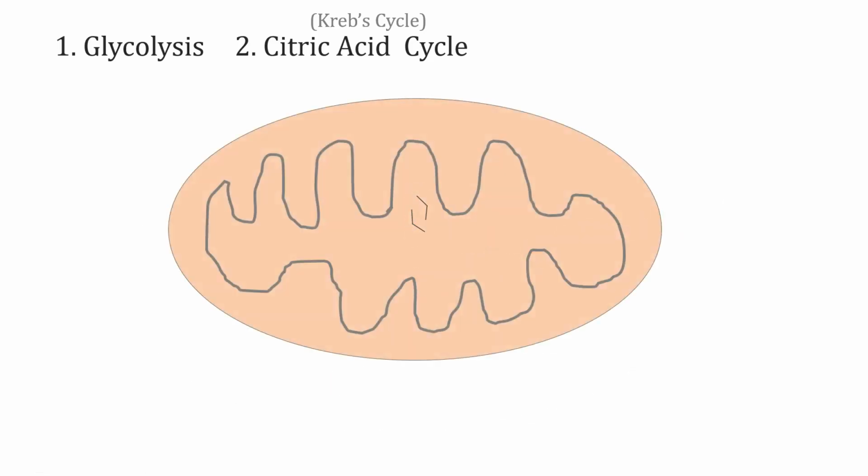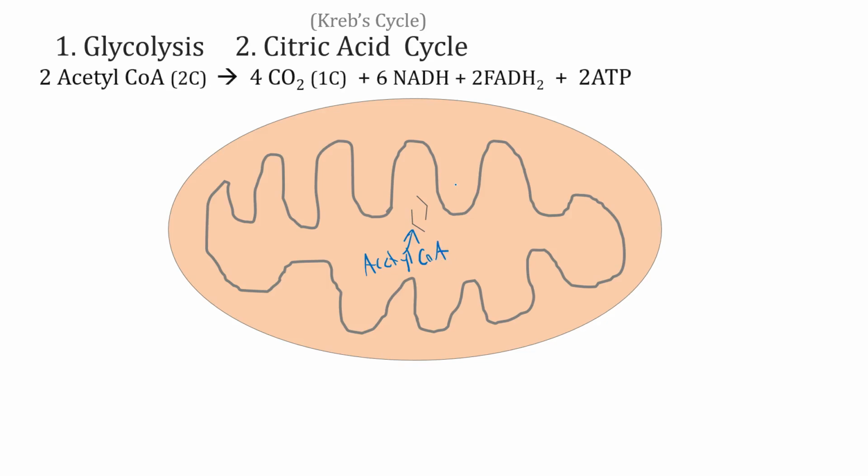So now the molecules that we're dealing with here are acetyl-CoA. And then acetyl-CoA is going to, in the citric acid cycle, that super long complex cycle, be totally stripped down into a whole bunch of stuff. So it's broken down into a bunch of hydrogens, a bunch of electrons. These electrons are going to be flowing along the electron transport chain.